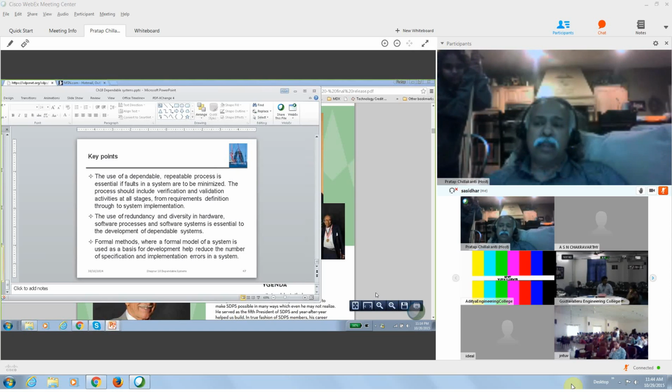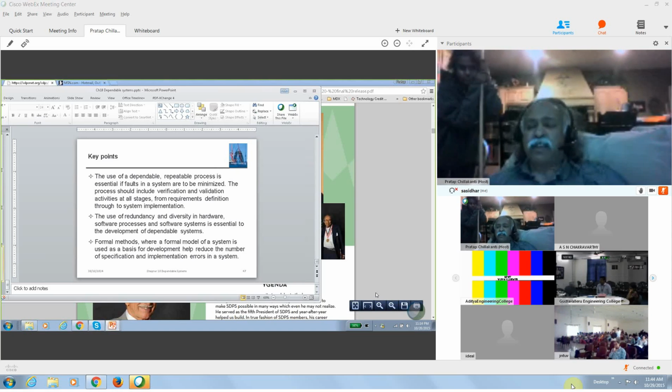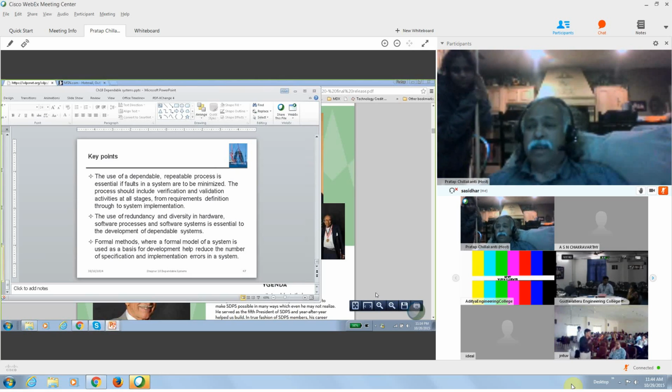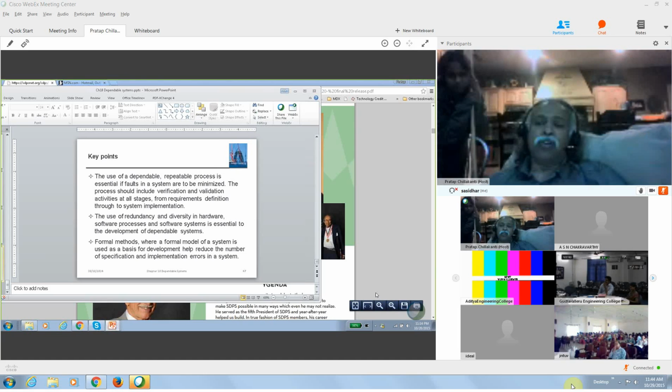So what are the key takeaways from dependable systems? Is dependability a good feature to have? Absolutely yes. Dependability is an absolutely critical thing to have.